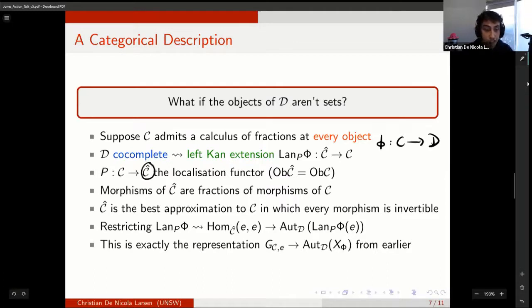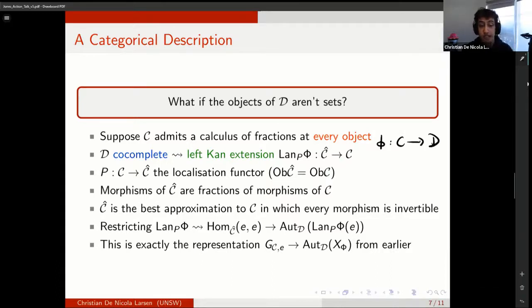And this localization category has the exact same objects as the category C, as you can see here. And the morphisms of this localization are fractions of morphisms of the category C. And you can think of this localization C hat as the best approximation to the category C in which every morphism is invertible. So in particular, this localization is a groupoid.